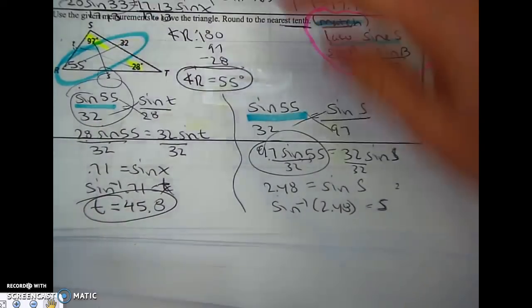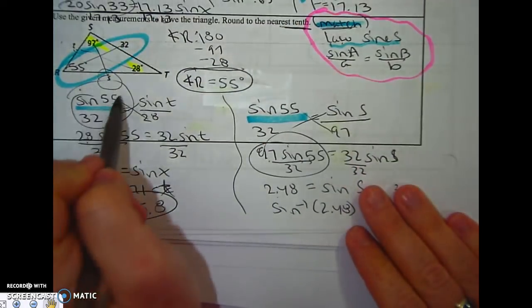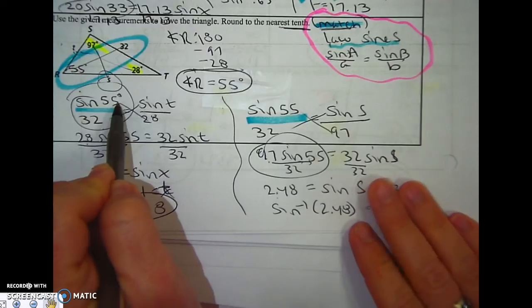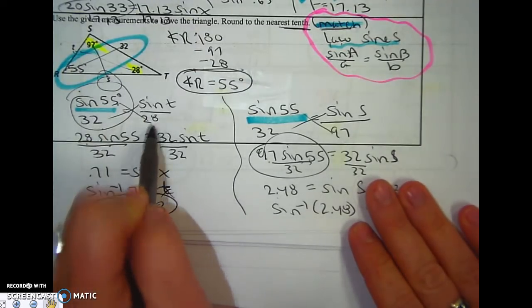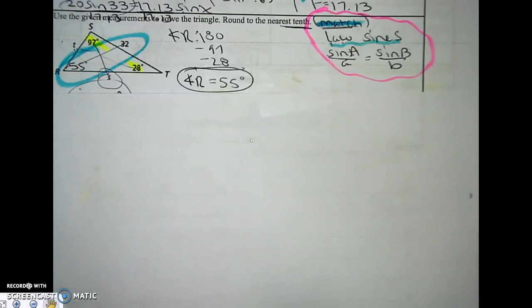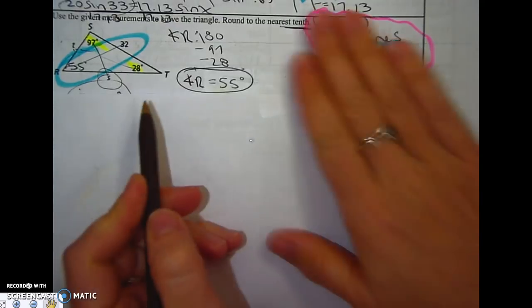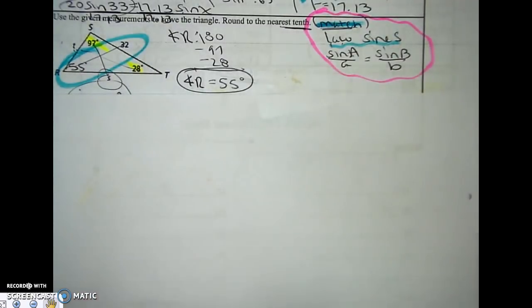But I had done all of this work and then realized that when I was dealing with an angle, which was 55, I put the angle down here. So I did all of this work. So there's been a few interruptions, sorry about that. But what I want you to see is that because there's a match, I can do the law of sines.